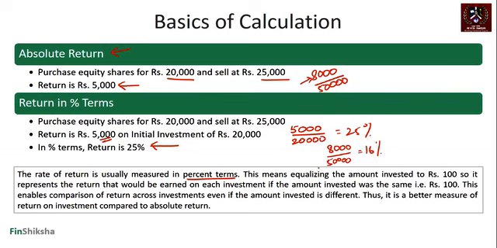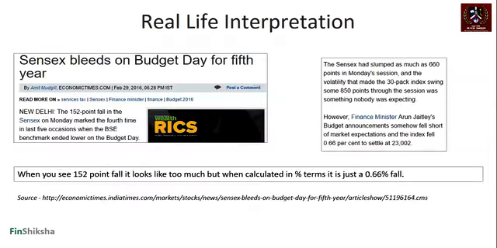So in percentage terms, it's a better measure. It allows you to compare the return on investment across different kinds of investment instruments which are available. It enables a comparison, right? So from now on, whenever we look at return in investment management, it's going to be looked at in the context of percentage terms, right? That's the broad basis of calculation of what returns are.